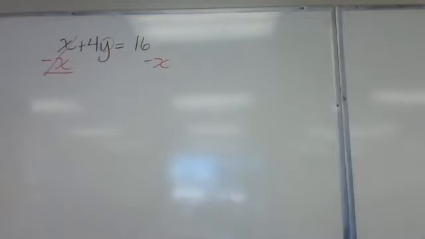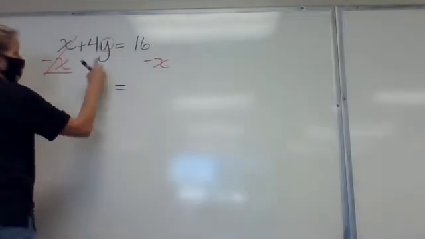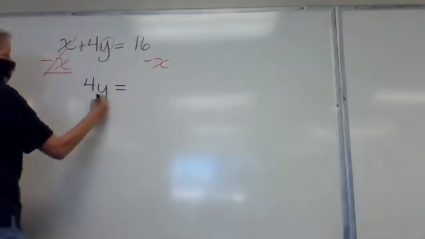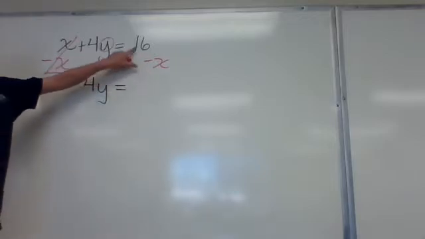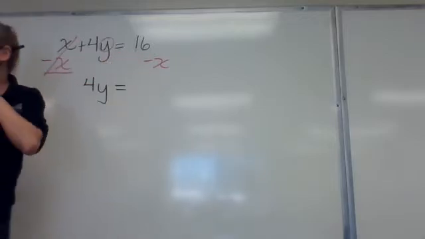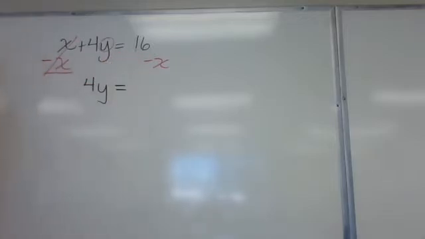Right? So here's my equal sign. I still have a 4y over here. And you're going to drop down to 16. Right, and what else? The x. I still have these two things over here. I just put them separately, and it doesn't matter who goes in front of the other.